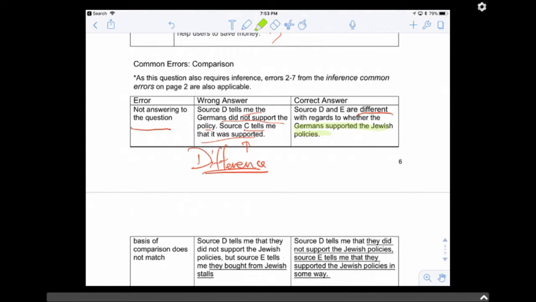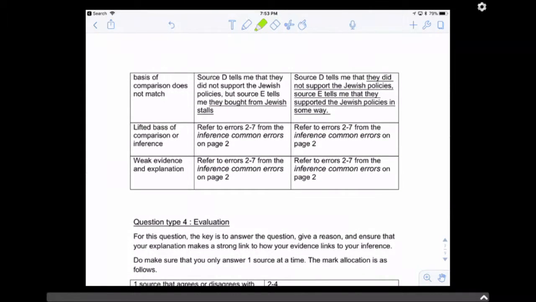Okay? Next, basis of comparison does not match. D tells me they did not support the Jewish policies. Right? So your topic here is did not support the Jewish policies, but E tells me that they bought from Jewish stores. Do you see here that this sentence, did not support the Jewish policies, does not match with they bought from Jewish stores, right?